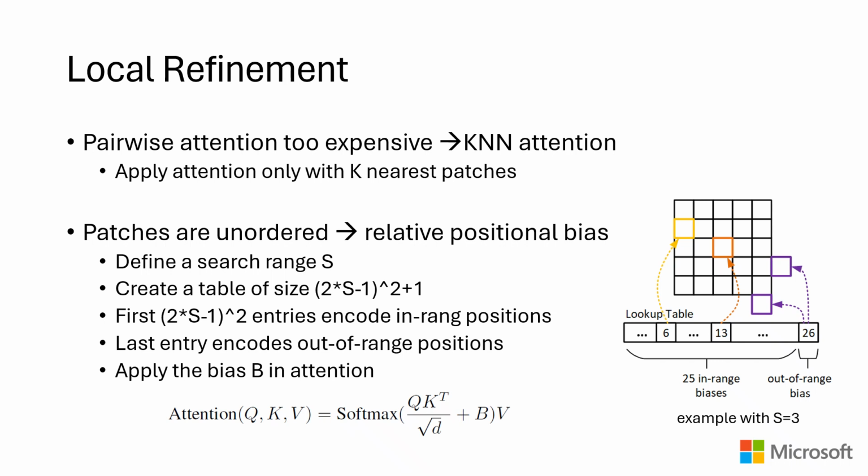This encoding value is used as the positional bias B in the softmax attention formula. Similarly, the purple patches also need to be assigned a positional bias because they are outside the window. We assign the last table value to them to indicate that they are out of range positions.